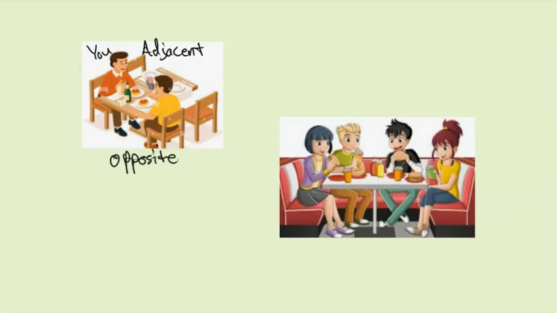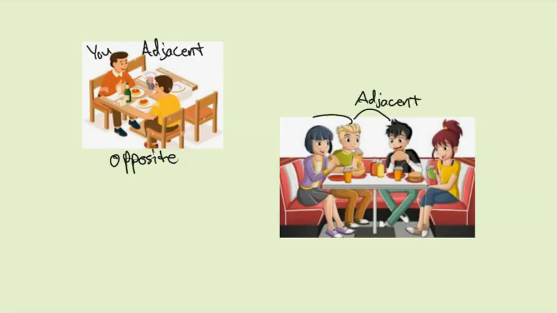Look at these four young people. They look like they're having a good time at some kind of diner or restaurant. Well, these two people, how are they sitting? Are they sitting adjacent or opposite? Well, they're next to each other and touching, so these two people are adjacent to each other.